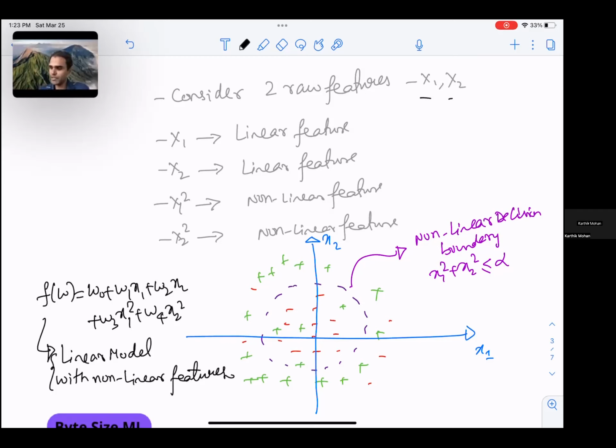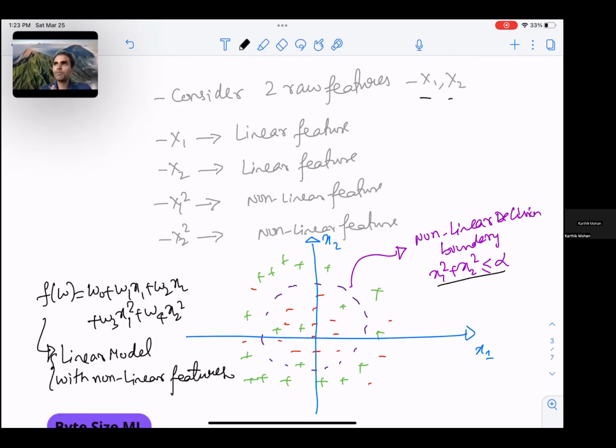So for instance, this x1 squared plus x2 squared as an alpha is represented by the area within this dotted circle. So using nonlinear features, you can learn nonlinear decision boundaries such as a circle through a linear model. So that's a hack where you can use nonlinear features.